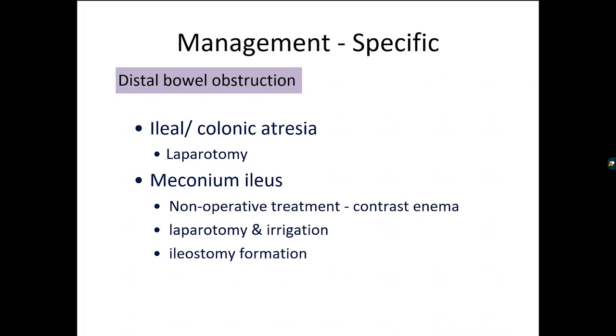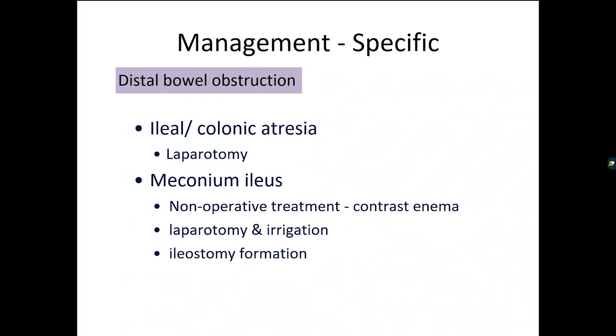Meconium ileus is another cause of distal bowel obstruction, specifically distal small bowel obstruction. The majority of these babies with meconium ileus have cystic fibrosis. We rarely see meconium ileus in this country, and we still don't know the percentage of those babies having cystic fibrosis.